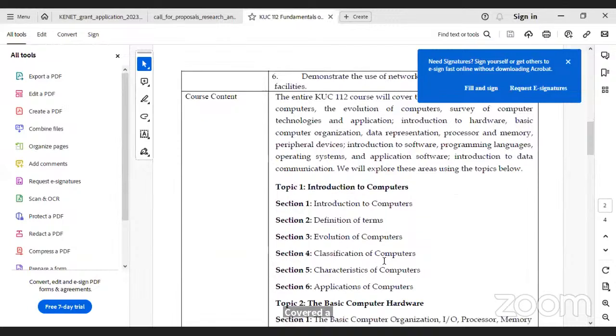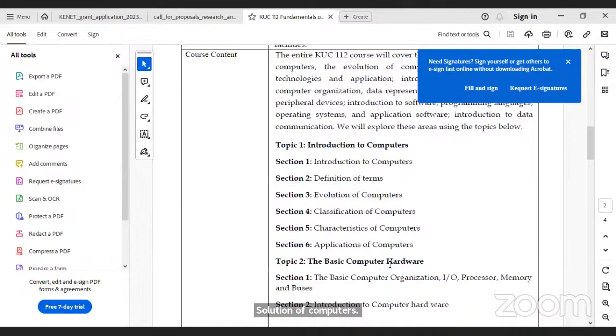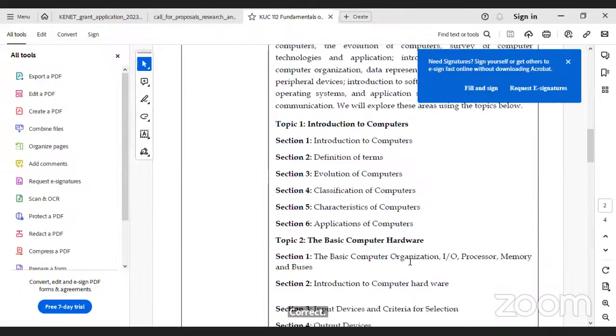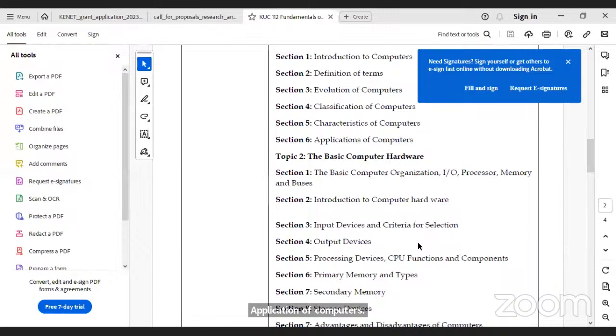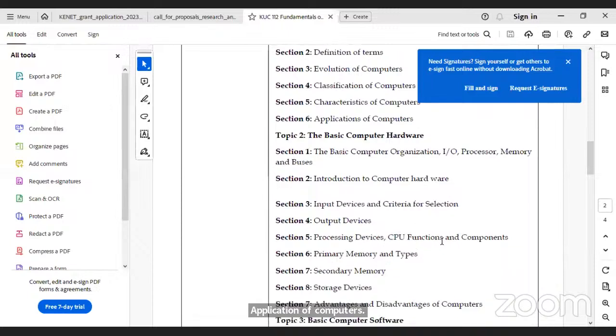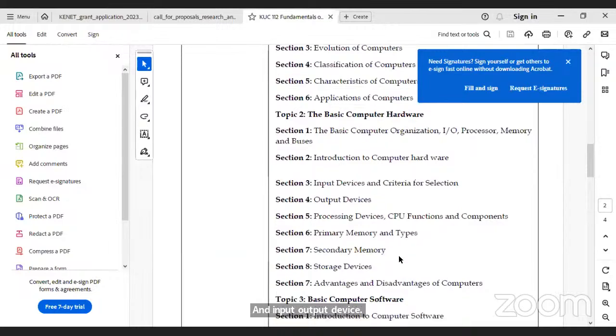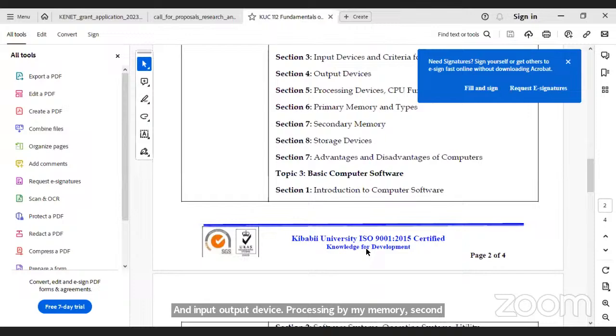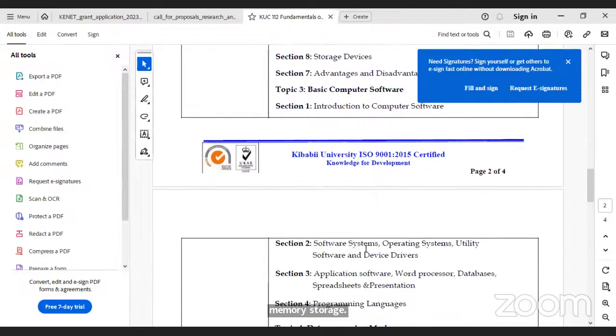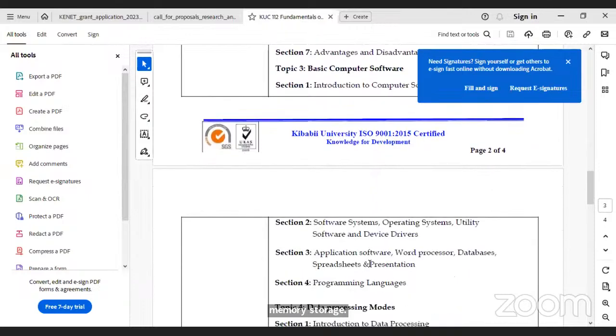Evolution of computers, classification of computers, characteristics of computers, application of computers, computer hardware, input-output devices, processing, primary memory, secondary memory, storage, computer software, application software, system software.